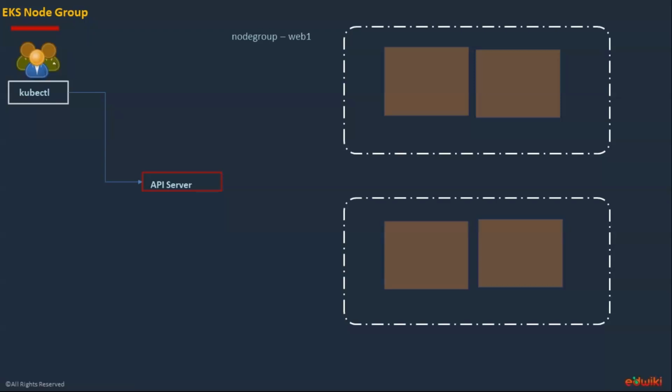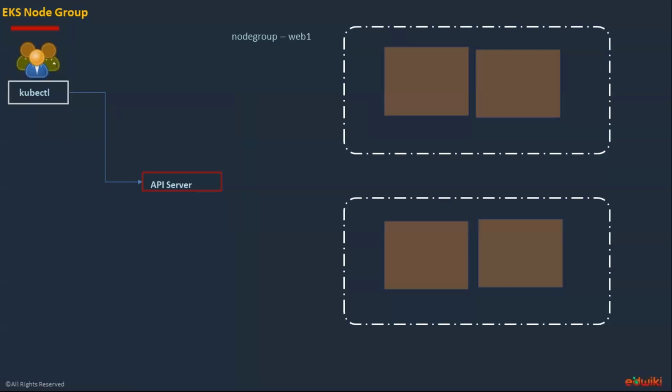When you have multiple worker nodes with you, it is possible to group the worker nodes as a node group concept. What is node group? Node group is just a logical grouping concept where you can group a number of EC2 instances or worker nodes together and give a name for that.